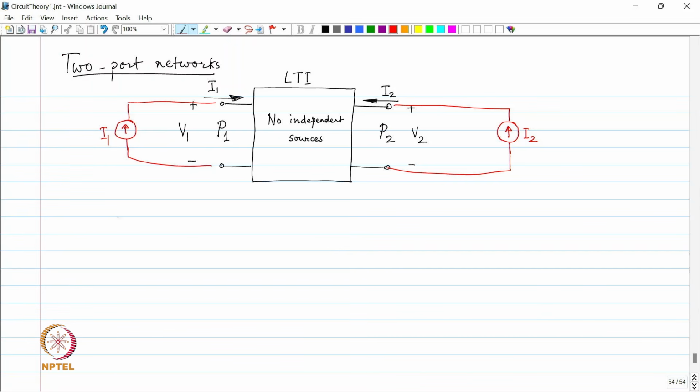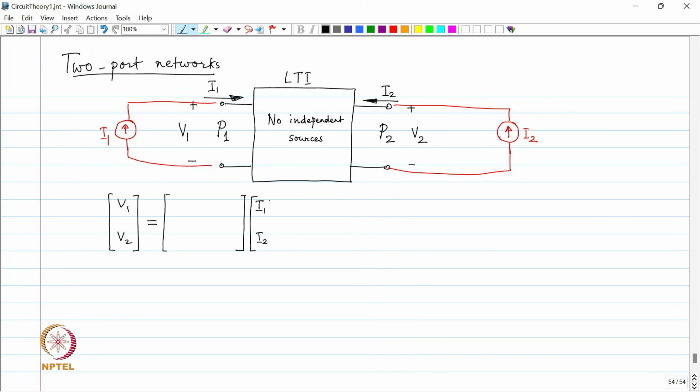So, by now you have learnt that whenever there is a pair of equations, I am not going to write 2 separate equations, I am going to put them in the form of a matrix. So, I am going to write V1 and V2 equal to some matrix times I1 and I2.